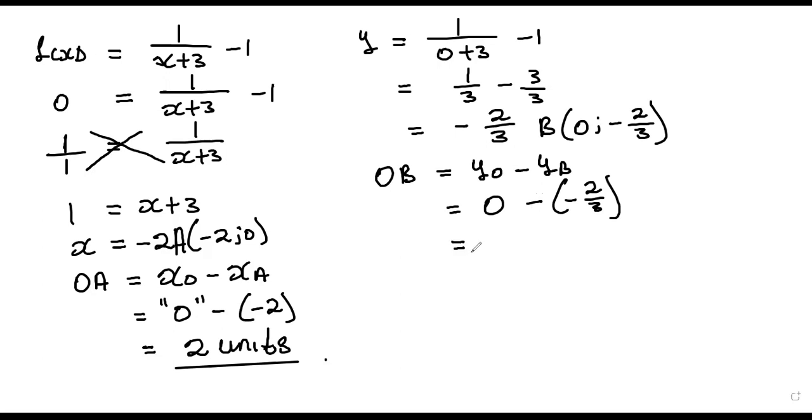So the length of OB is 2 over 3 units, which you can write as 0.67 units. Imagine giving your distance as a fraction. Well, I've never seen it before, but that's it for this one. So let's see the next question.